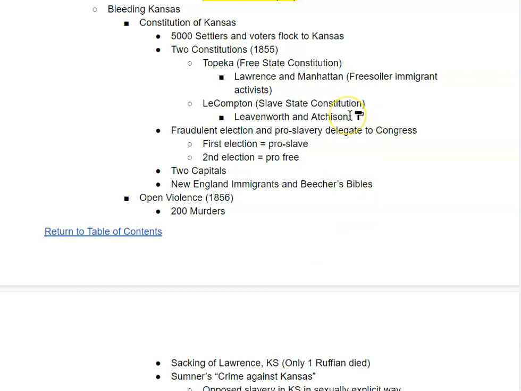But the first one to get put forward, you see slave owners and Missourians who are in favor of a slave state in Kansas crossing the border, voting illegally, using violence, intimidation, and the threat of violence in order to keep free state Kansans away from the polls. And so the Lecompton Constitution, with its pro-slavery heart in the cities of like Leavenworth and Atchison, promoted a slave state constitution and sent it to the Congress.